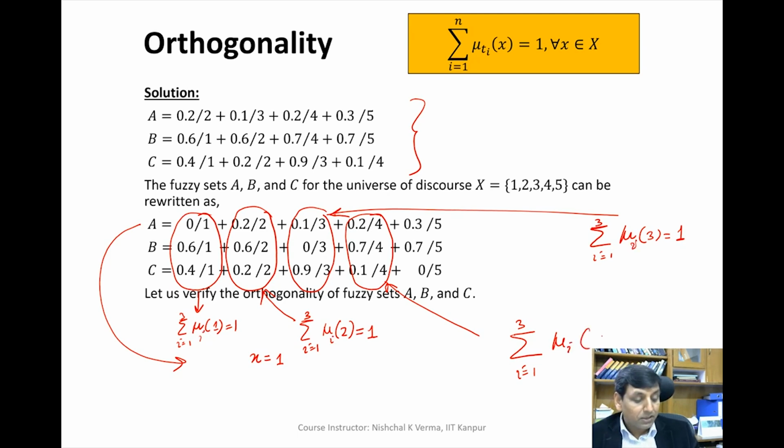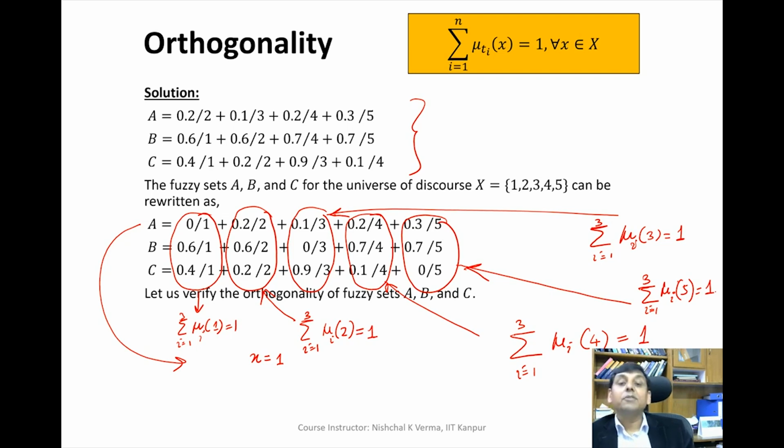So mu I of 4, again you see 0.2, 0.7 and 0.1, both are going to give us 1. Similarly, here also the summation over I equal to 1, 2, 3 of mu I of 5 is again going to give us 1.